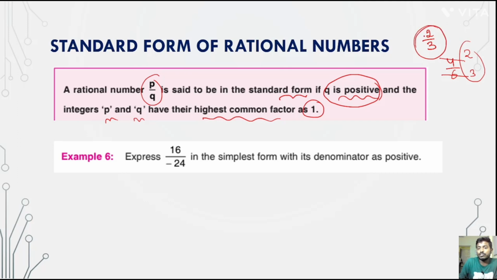First the denominator must be positive, and the highest common factor is 1. Now here the denominator is minus.